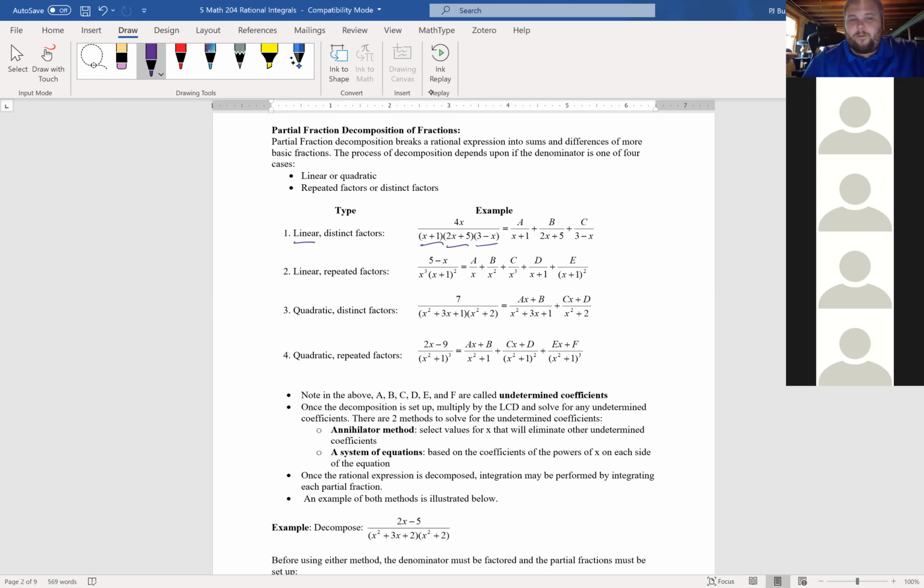Those are all linear distinct factors. Now, why do we call them distinct? Well, we call them that because they only occur one time. And by one time, I mean that they're all to the first power.